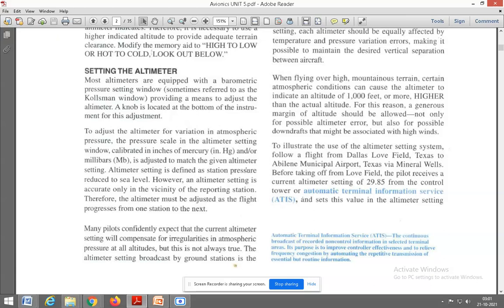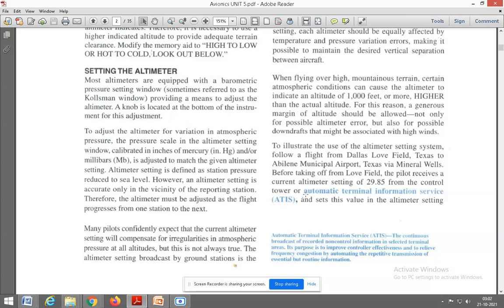Here a pressure scale will be provided in the altimeter, which will be indicating the alignment, that is, changes in the measurement. Okay, the needle changes; the knob திருவ திருவ அந்த needle change ஆகும். Okay, so in this manner you will be doing the adjustment.